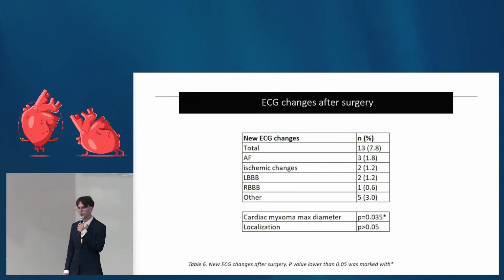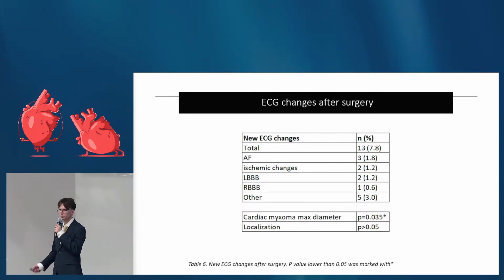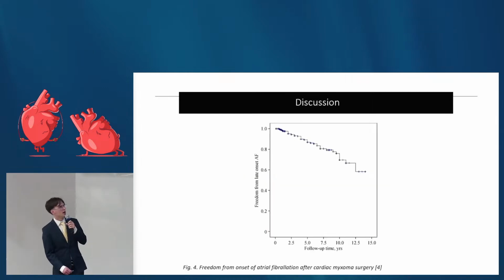We conducted, as I said before, the statistical analysis, and we found that a bigger diameter of the cardiac myxoma was positively correlated with an increased number of arrhythmias postoperatively, although it's a pretty obvious outcome. Localization, on the other hand, had no impact on the arrhythmia type and occurrence.